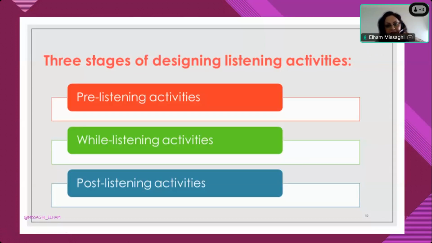So when you plan how you put them in the context, which words you pre-teach to help them to understand, and how you present, those are pre-teaching activities. While is the part where you practice listening, top down, bottom up. So what kind of questions you ask them to check their comprehension, their understanding, what kind of activities you give them to check their understanding.